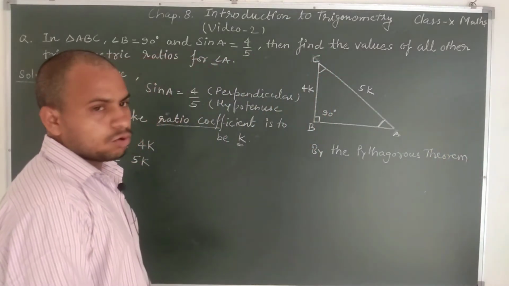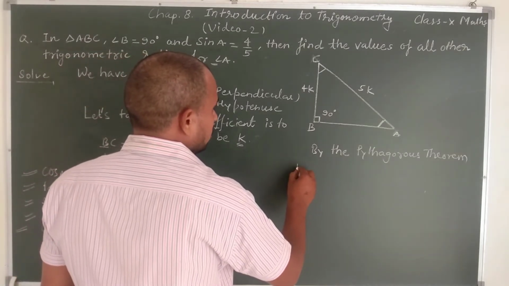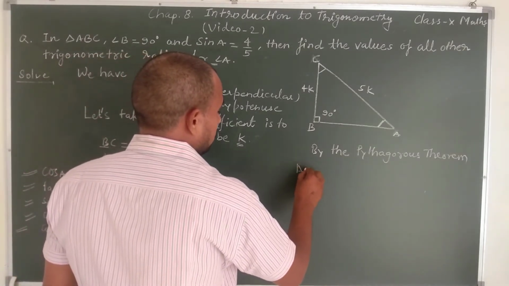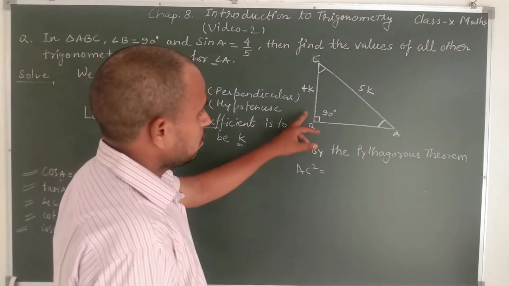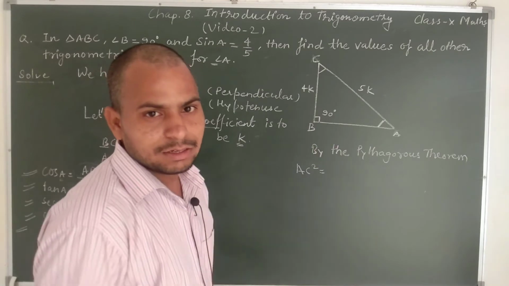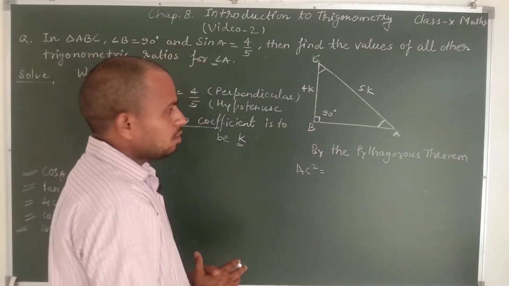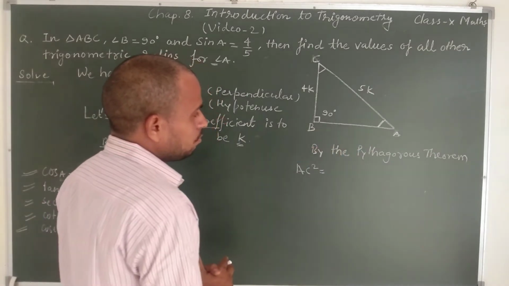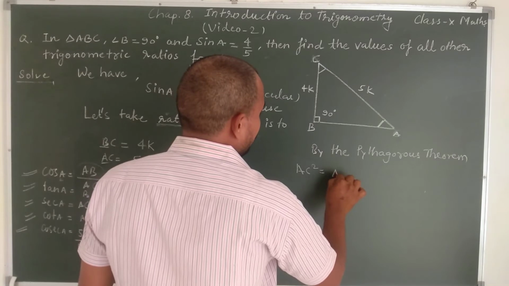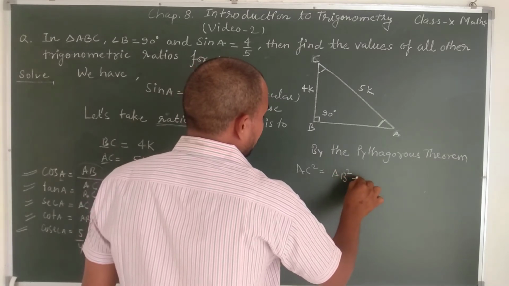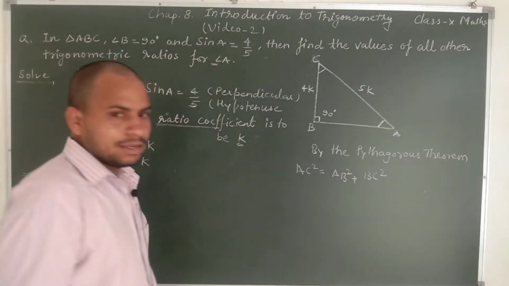Pythagoras says that the hypotenuse square equals the sum of the squares of the other two sides, that is, the square of the perpendicular and the square of the base: AB square plus BC square.